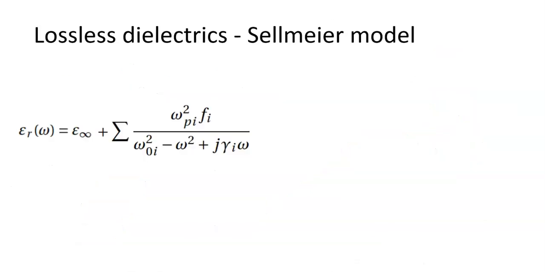Direct simplification of dielectrics with negligible loss is given by the Sellmeier model. It is essentially a Lorentz model when the damping term is neglected. It describes low-loss dielectrics very well.